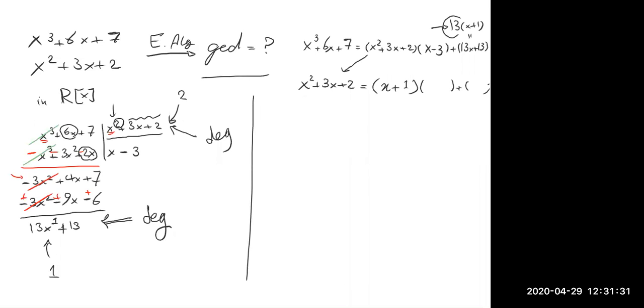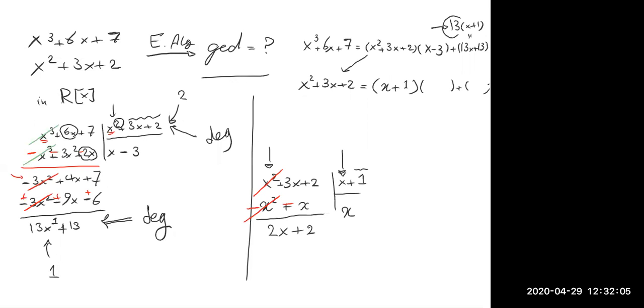So let's do the second division. x squared plus 3x plus 2 divided by x plus 1. Here I have x squared, here I have x. If I multiply x by x, I would get x squared. And then there's plus 1, x plus 1 would be x. I change the signs. x squared and x squared cancel each other. 3x minus x is 2x plus 2.